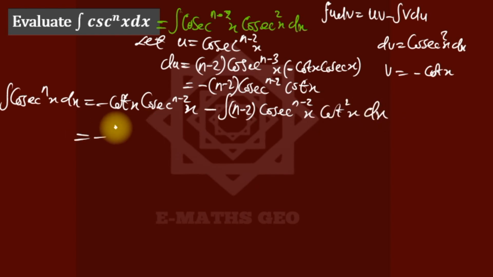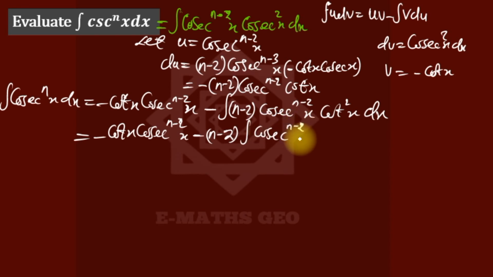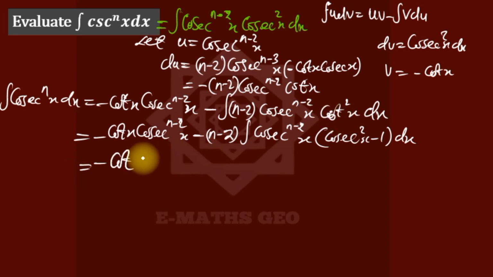So we are still going, we'll repeat this. We'll bring out the constants. We now have the integral of cosec x raised to power n minus 2 times cot squared x. So we need to change this cot to cosec, by the Pythagorean identity: 1 plus cot squared is cosec squared, so cot squared is cosec squared x minus 1.